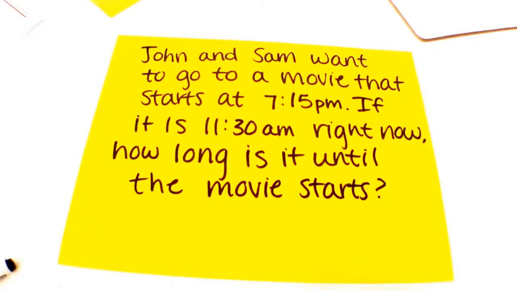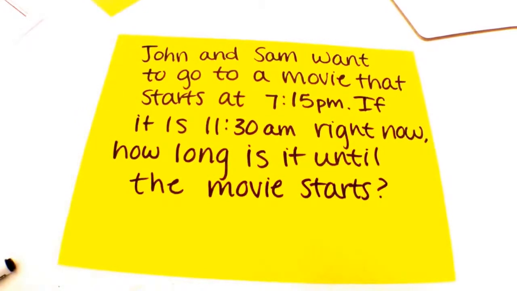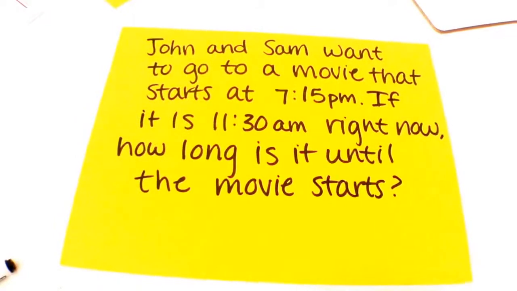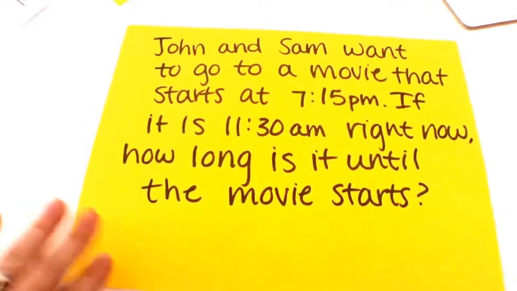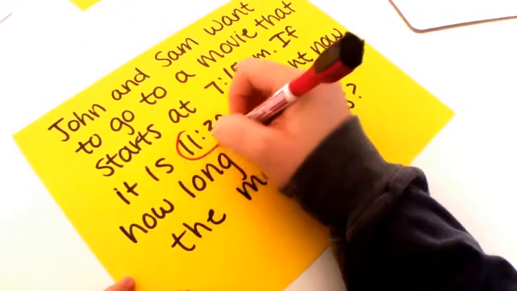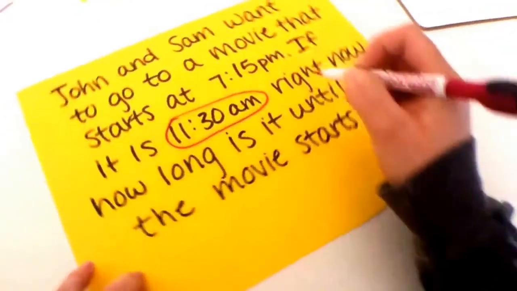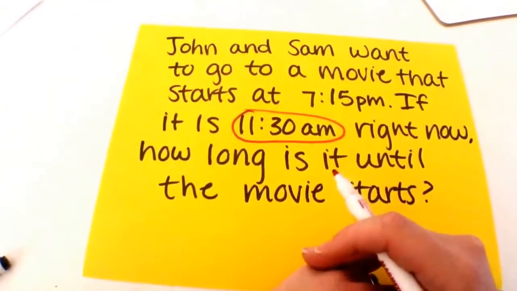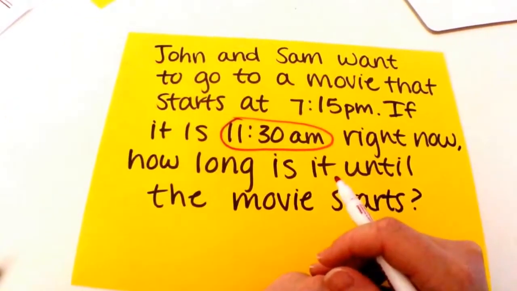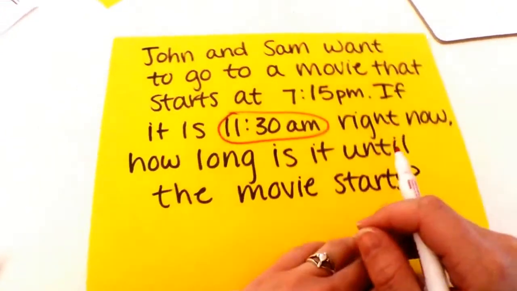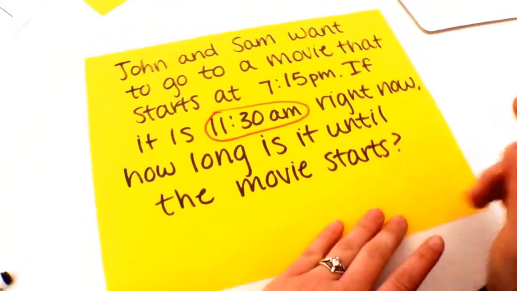Let's look for our critical information in our word problem. We see that right now it is 11:30 a.m., so let's circle that time. Then we also see that the movie that they want to go to starts at 7:15 p.m. Let's circle that time as well.